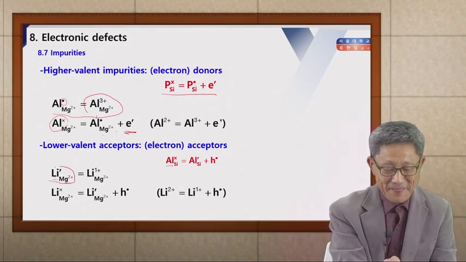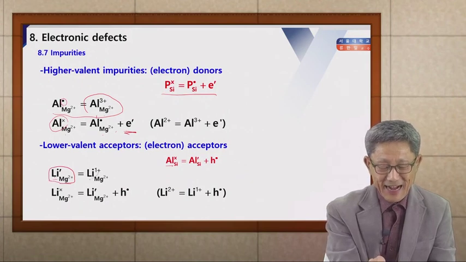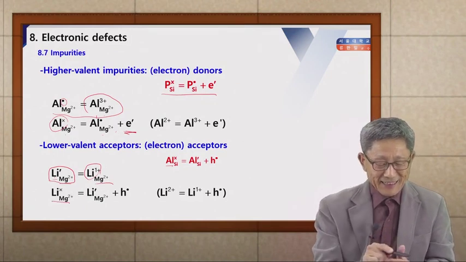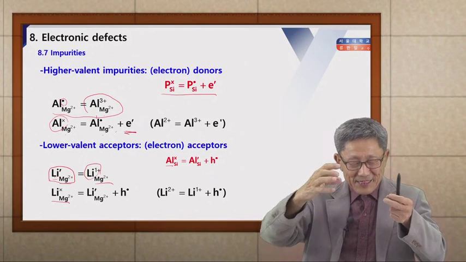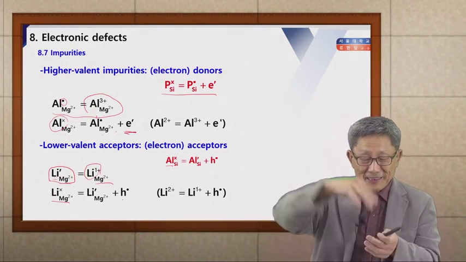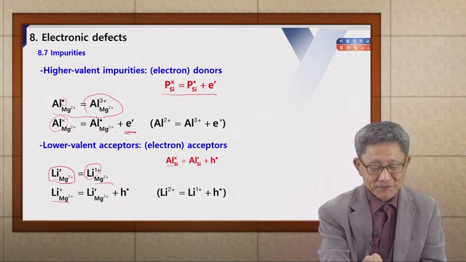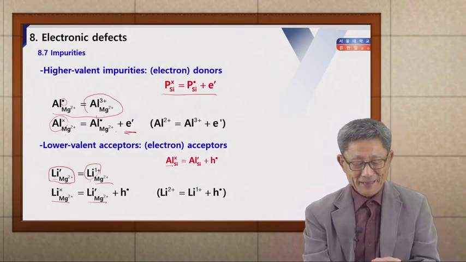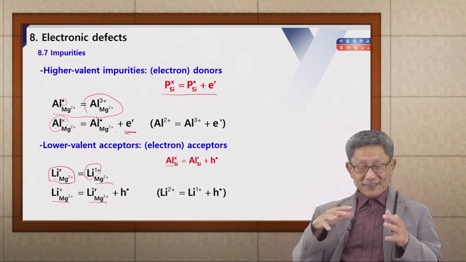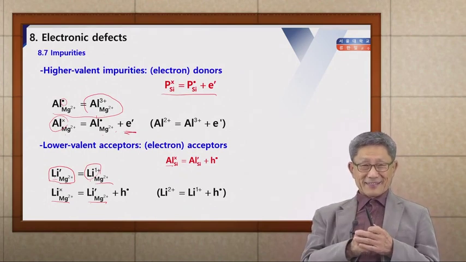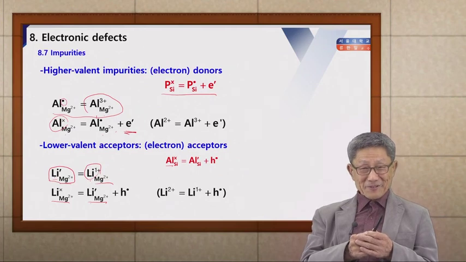Like this. So this means a singly ionized ion on the magnesium site. But what about the lithium which keeps the hole nearby? Then by releasing holes to the valence band, it turns to the fully ionized state. Therefore, lower valent impurities tend to act as acceptors. Everything's clear to you?